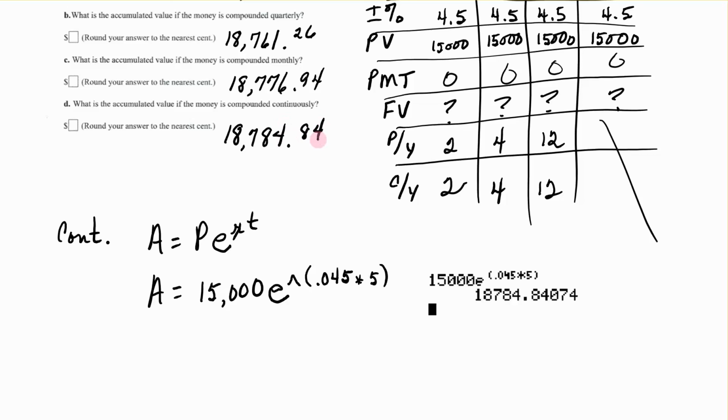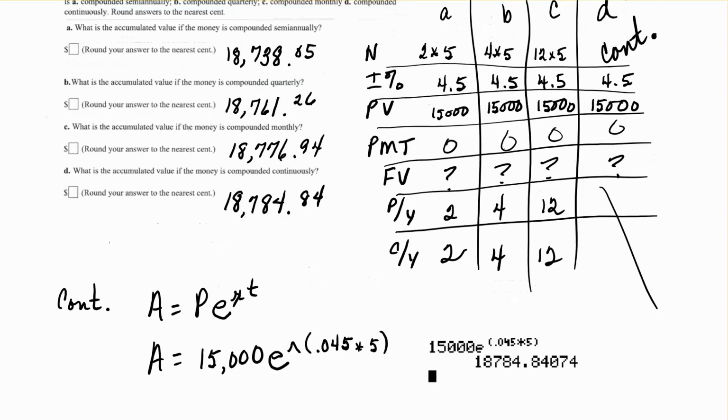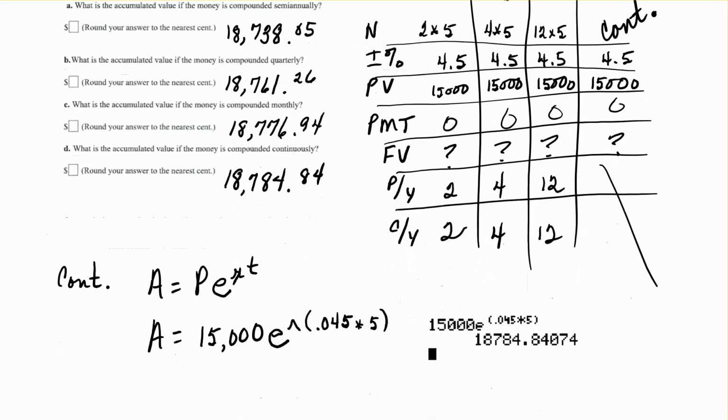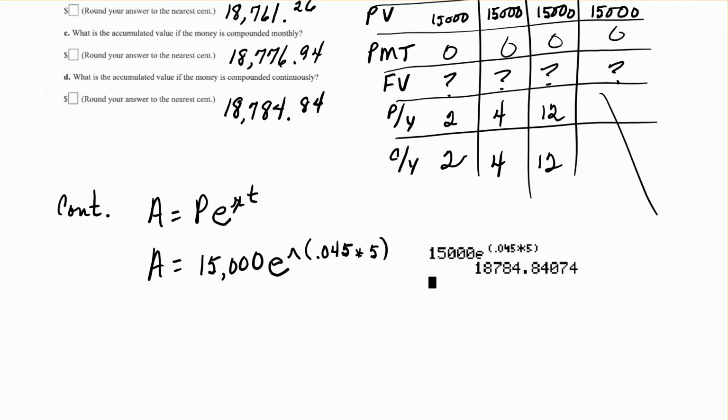And my answer is $18,784.84. So you can see that as we increase the number of compounding periods per year, our future value goes up, the maximum being when we compound it continuously. I didn't put the little charts for each one of these, but I did do the compound interest.